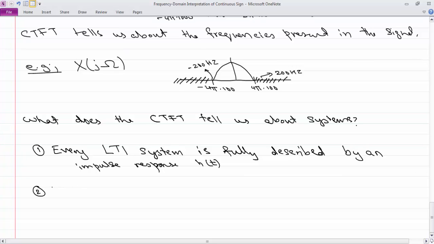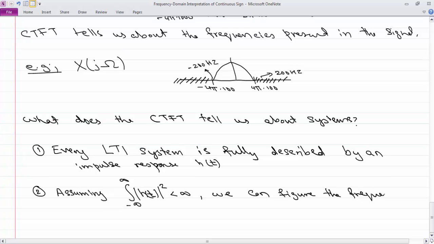And the second is that, assuming that the impulse response is finite energy, which means that the integral of h of t squared is less than infinity, we know that the impulse response will have a Fourier transform, so we can figure out the frequencies present in h of t.